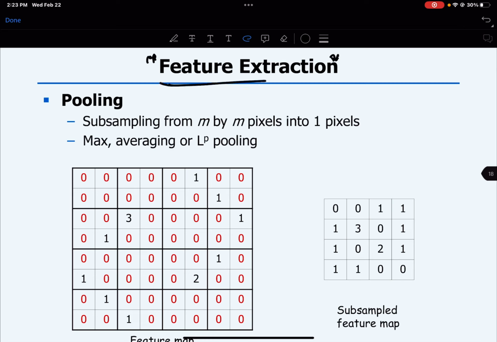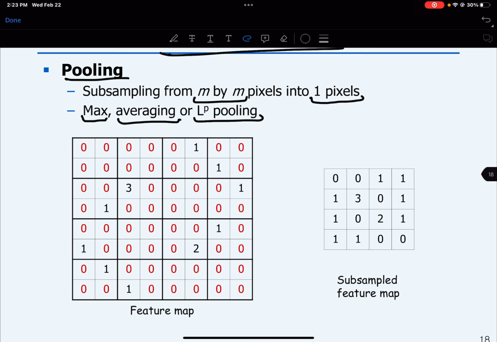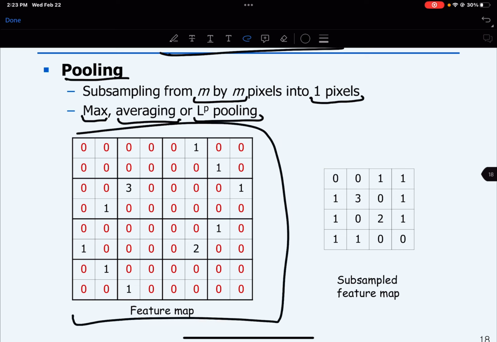We are trying to extract the features from the image, and we can do the subsampling, or we can call it the pooling, from m by m pixels into 1 pixel. So we can use different kinds of pooling mechanisms: max pooling, average pooling, or LP pooling. There are different ways. So for example, this is your feature map after the threshold.